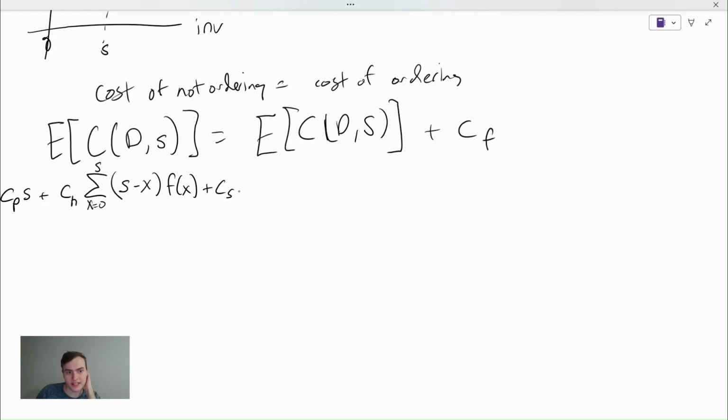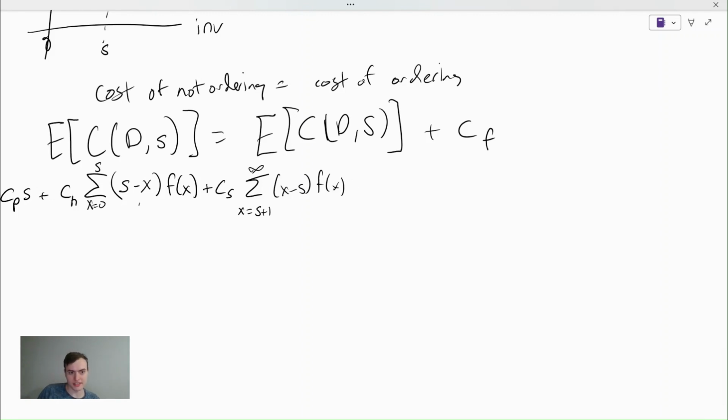And then we have CS, x equals S plus 1 to, and up here we could do S minus 1 because when you plug in S it's 0. And up here we could also just do S because when you plug in S it's 0. But again, I'll write it in this form because that's how I wrote it up above. To infinity of the f of x, right?